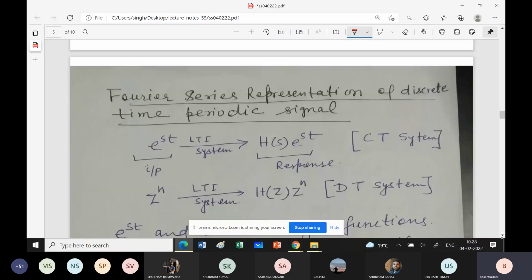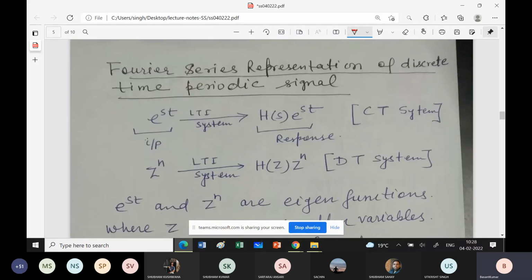Okay, now till now we have done a study and analysis of a continuous time periodic signal, and we have tried to represent it using a Fourier series, using complex exponential signals in the form of a series, and then we made some observations out of that.